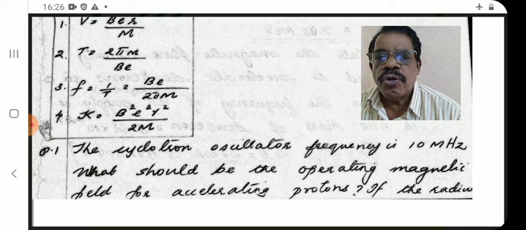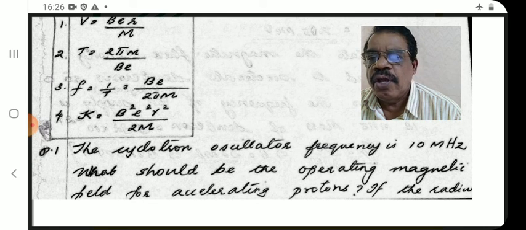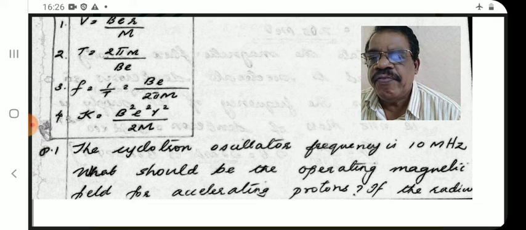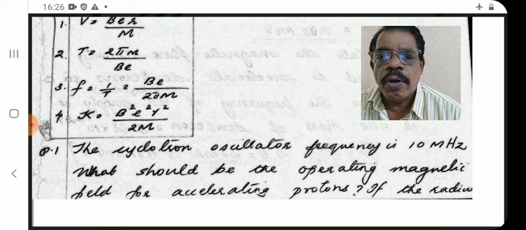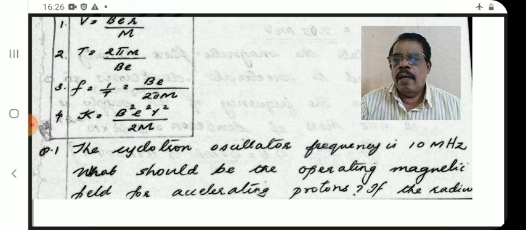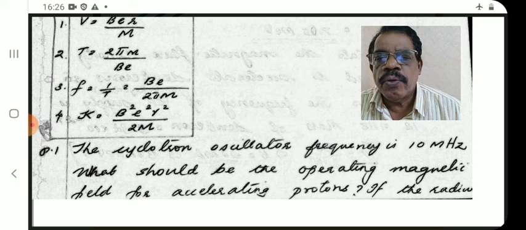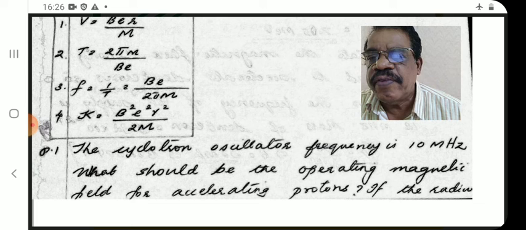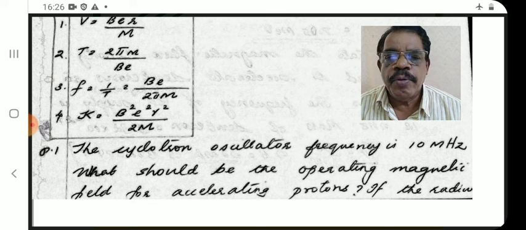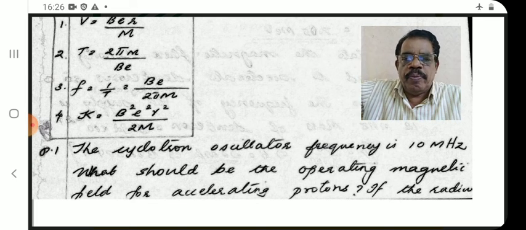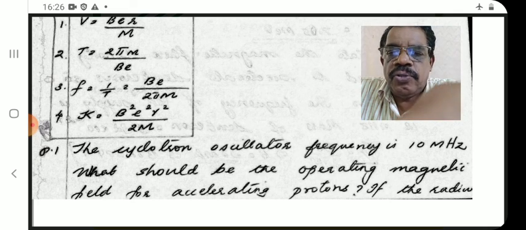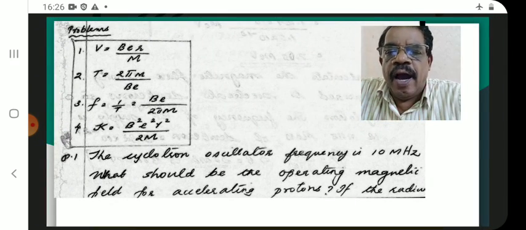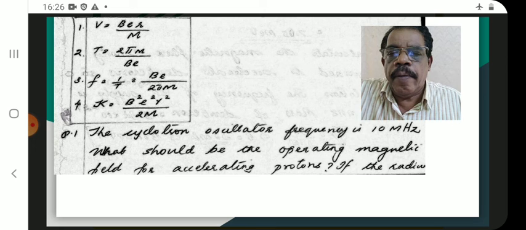In the cyclotron the oscillator frequency is 10 MHz. What should be the operating magnetic field for accelerating protons? A proton is a charged particle, so it can be accelerated in a cyclotron.